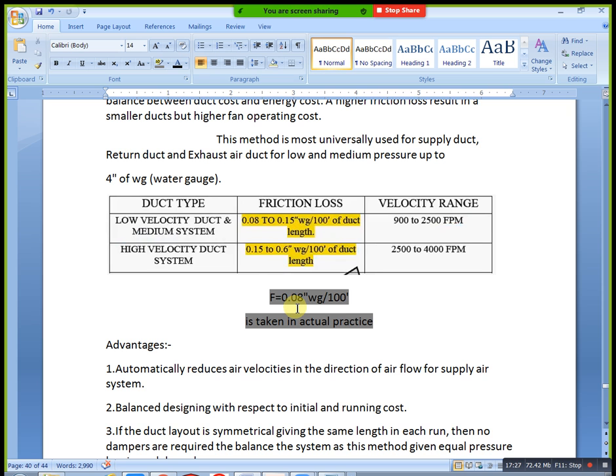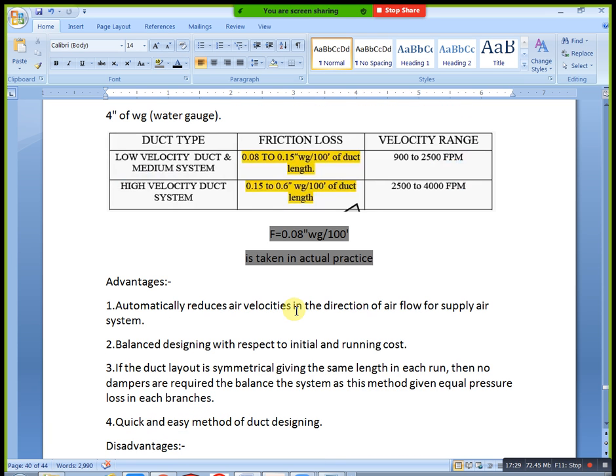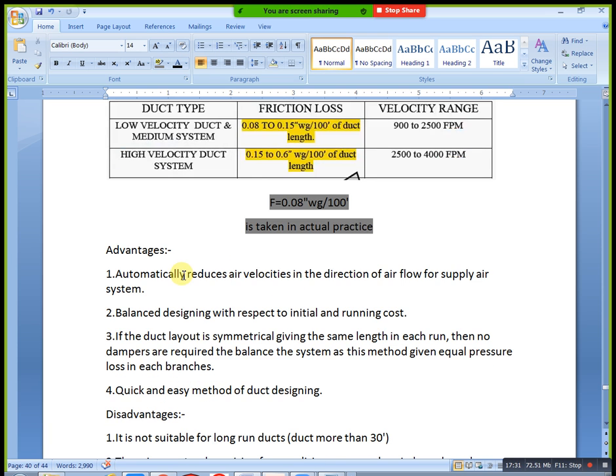Next, we have the advantages of the equal friction duct. It automatically reduces air velocities in the direction of airflow for a supply air system.